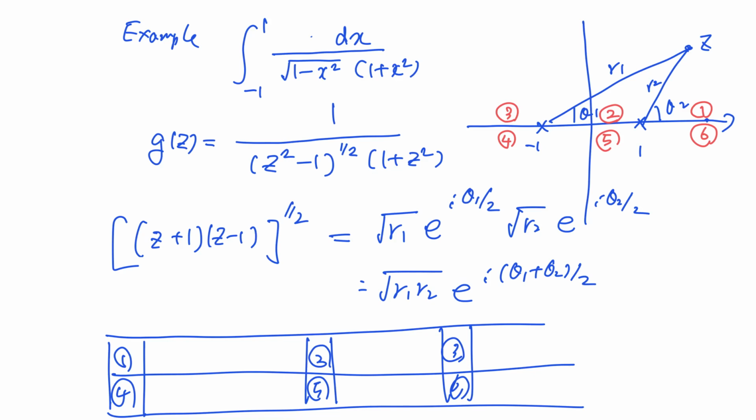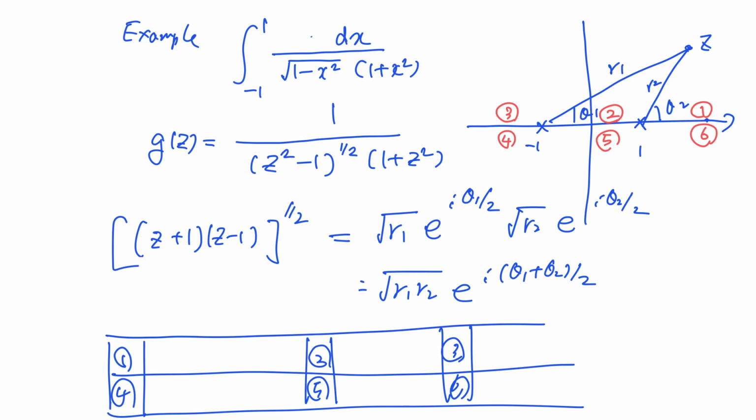Let's consider point 1. If you look at the x-axis, what is angle theta 1? Theta 1 is the angle from here to here. Theta 1 is 0, right? Because this point is located on the x-axis.